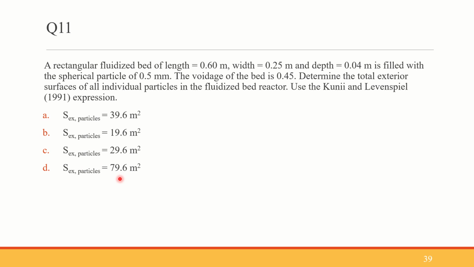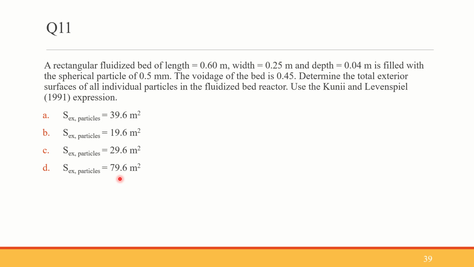So we are asked to find the total exterior surfaces of all the particles inside the fluidized bed of length 0.6 meter, width 0.25 meter and depth 0.04 meter, filled with spherical particles of 0.5 mm. Voidage of the bed is 0.45.